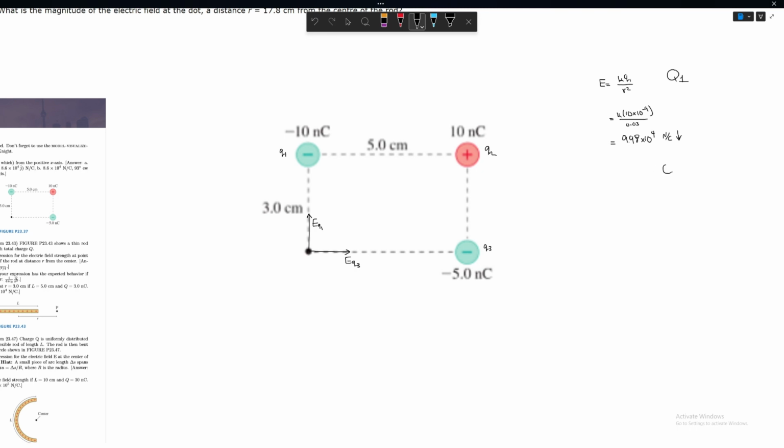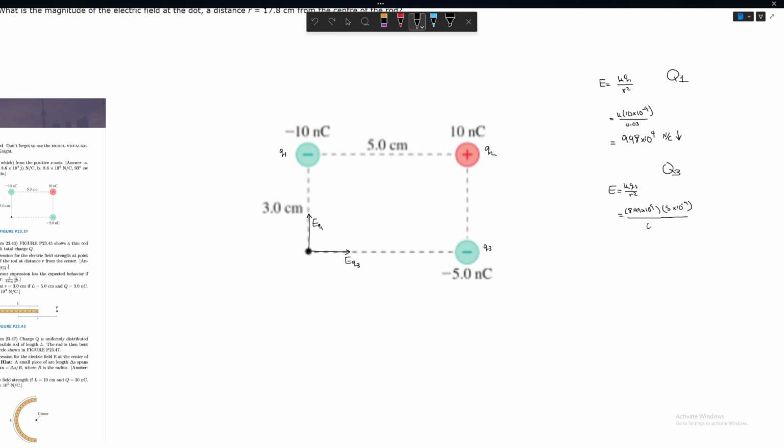And if I calculate it, Q3 is E equals K Q3 over R squared, which equals 8.99 times 10 to the 9 times my charge, which is 5 times 10 to the negative 9, all over 0.05 squared. Remember how we said do meters, because your K is in meters, so you have to have everything in meters.